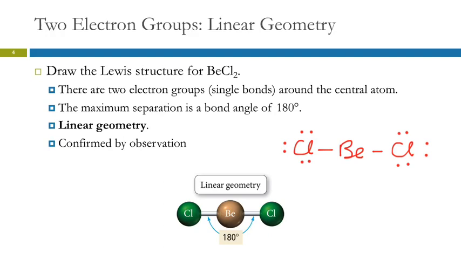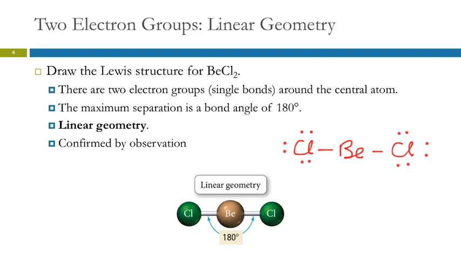So we start with the Lewis structure, and then we look at the central atom, and we ask ourselves how many groups? How many electron groups? Single bond, double bond, triple bond, lone electron, or lone pair. Each of those counts as one group. So on this beryllium, we have 1, 2 single bonds. So that's 2 electron groups, right?